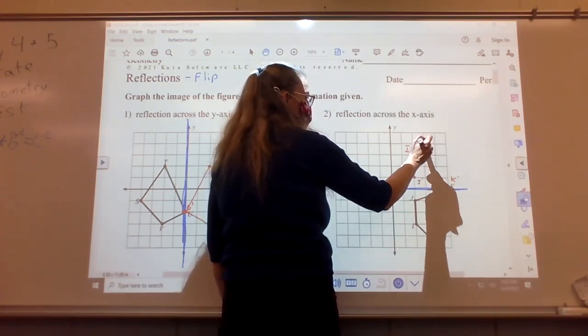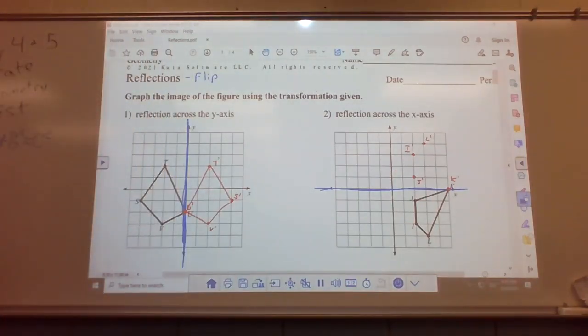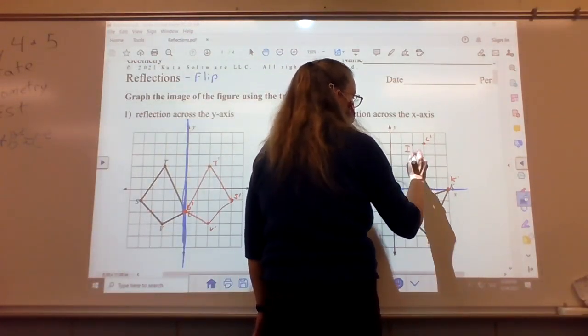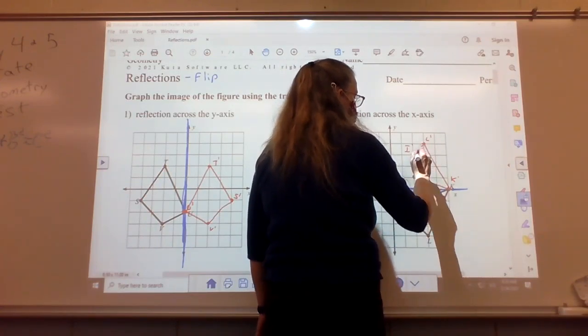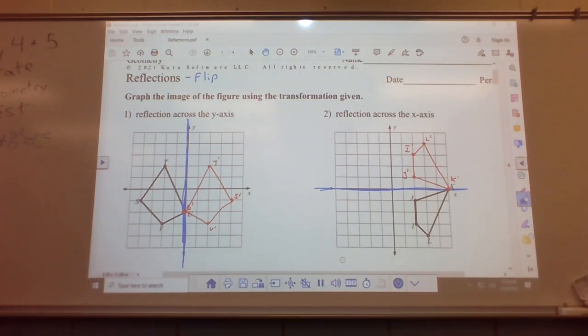There's my L. After you get all your points in, then you connect your dots. There's your reflection. Kind of like a mirror. It's a mirror image.